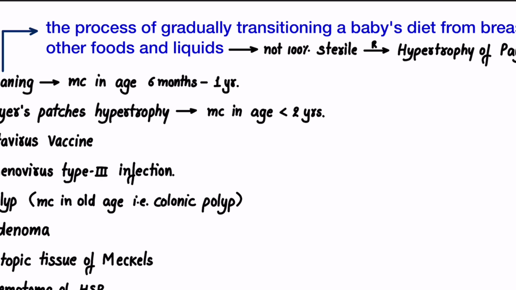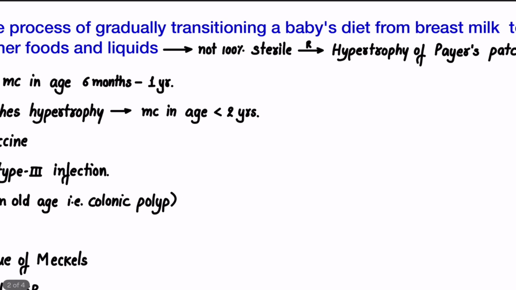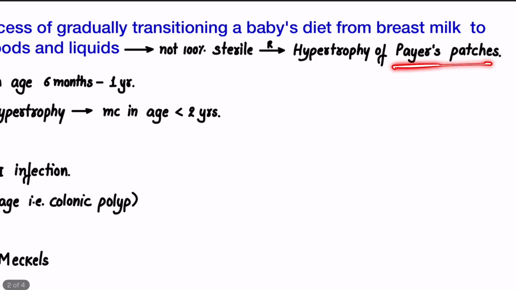The mother's milk was 100% sterile, but since now the baby is getting food from outside, maybe in the form of solid or liquid, that is not 100% sterile. When the food moves into the intestine, specifically the ileum, which is the terminal part of the small intestine, there are Peyer's patches.